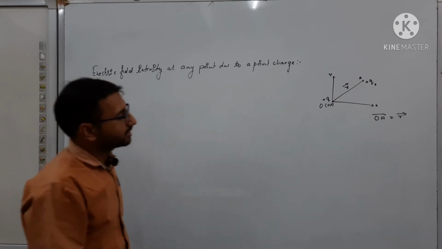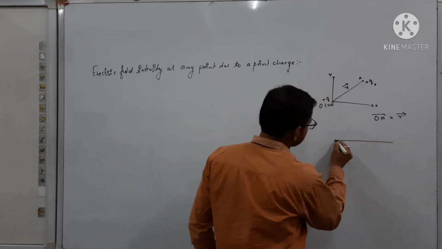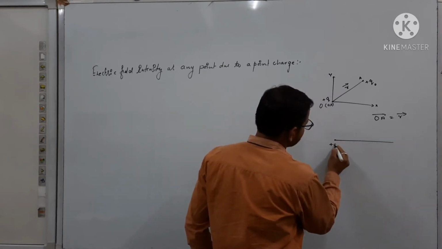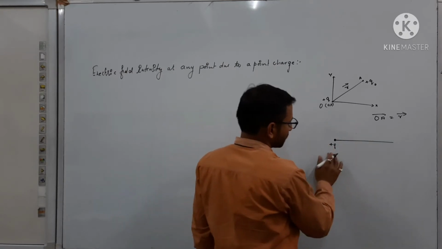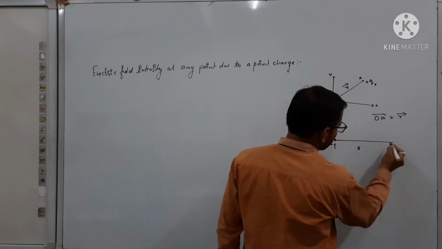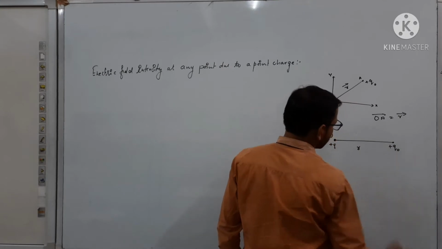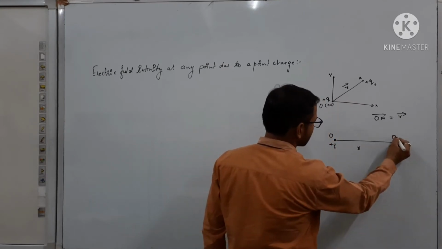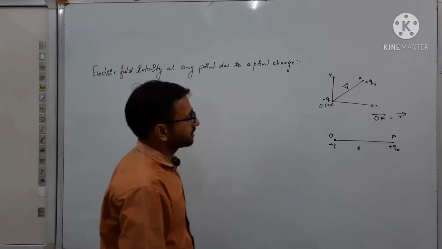If you have any confusion about how to show this diagram, you can use the second way, in which you simply draw the diagram with a source charge plus q placed at a point O, and at distance r a test charge is placed at a point, supposed to be P or A, whichever you want to represent.